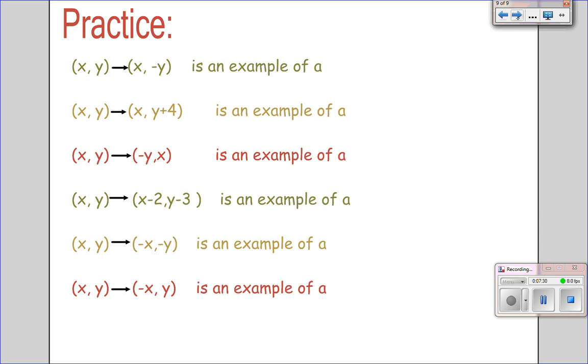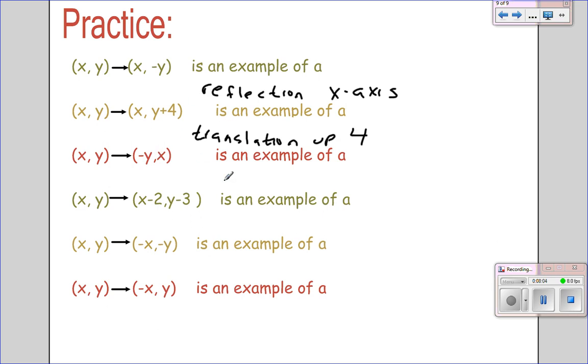And finally, as a review before we end, see if you can list what each of these would be an example of. It could be any of the transformations we've learned, including translations, rotations, and reflections. All right, this first one is an example of a reflection over the x-axis because x stayed in location and y is what changed. This is an example of a translation up 4.